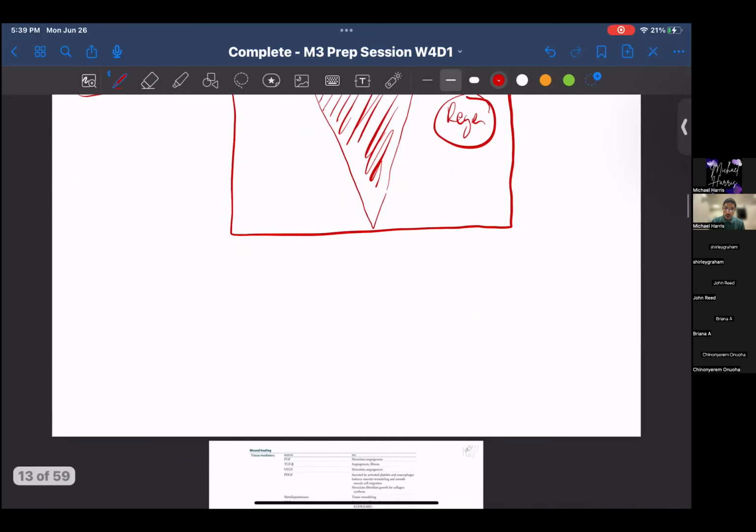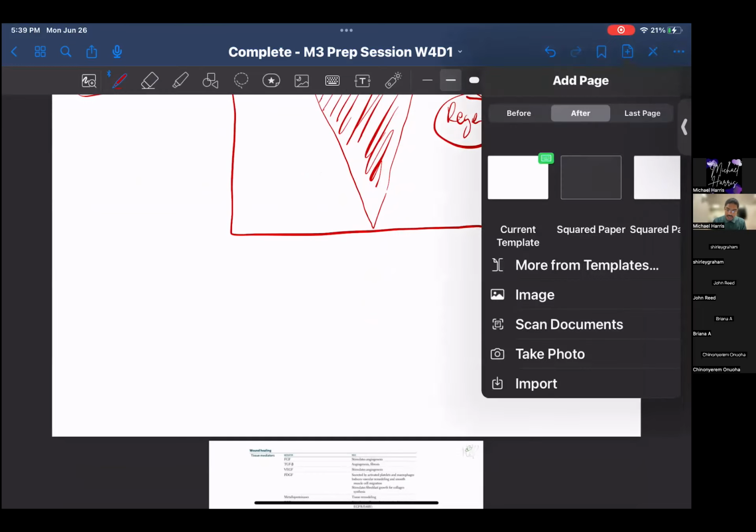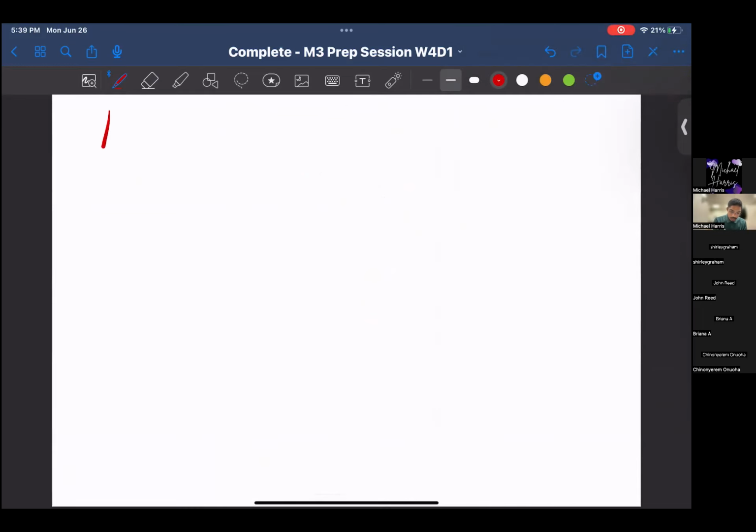Now, when you undergo tissue repair, there are four different stages. What do you think the first thing is, if you need to undergo tissue repair?